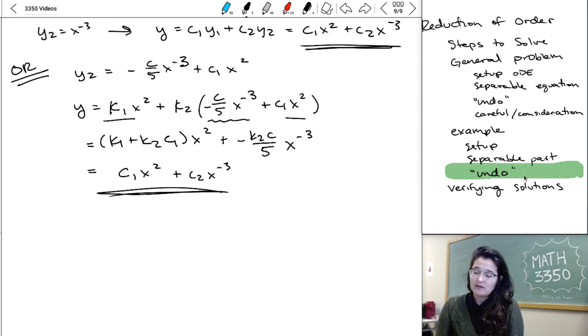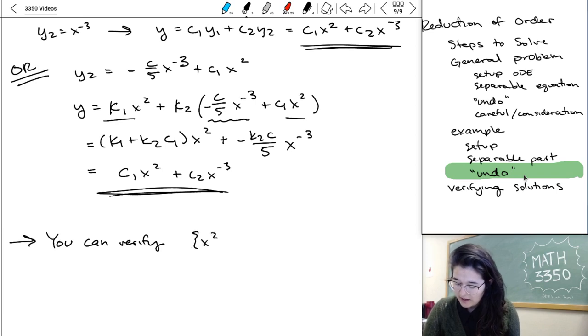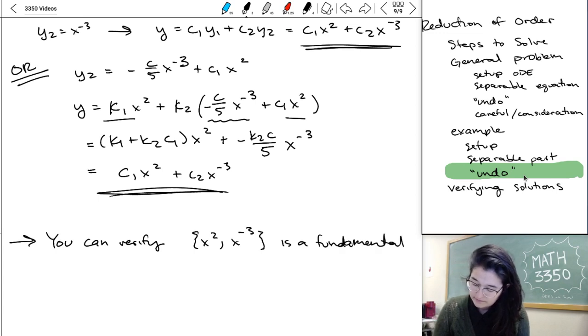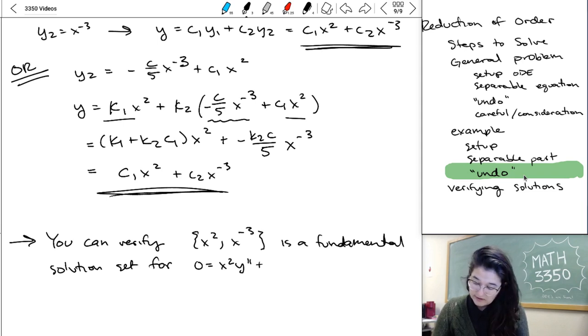Instead, I'm just going to tell you all the takeaway right here that I really need you to know, which is that you could go ahead and verify that this set we just found, x squared, x to the minus 3, is a fundamental solution set for our ODE 0 equals x squared y double prime plus 2xy prime minus 6y.